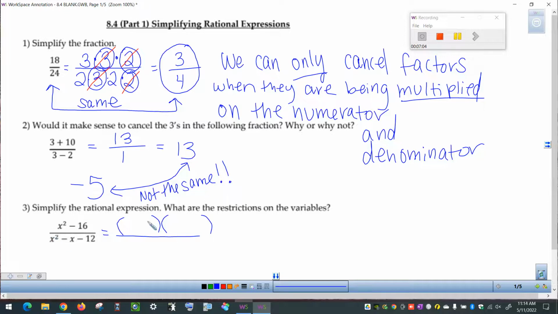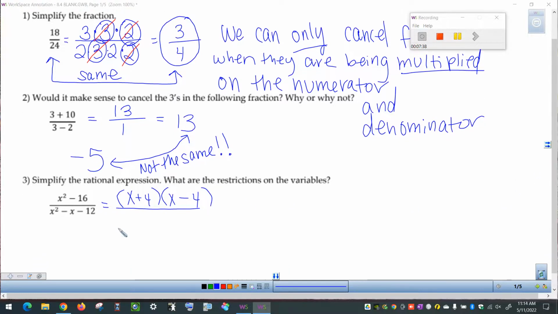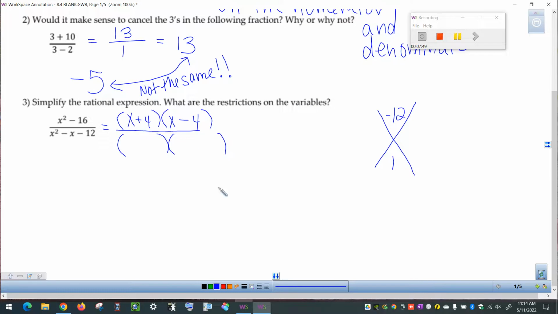So this x squared minus 16, we know that's a difference of squares, so we'll go ahead and factor that into x plus 4, x minus 4. And then it looks like we have a basic trinomial on the bottom, so we're just going to figure out what multiplies to negative 12 and adds to positive 1.